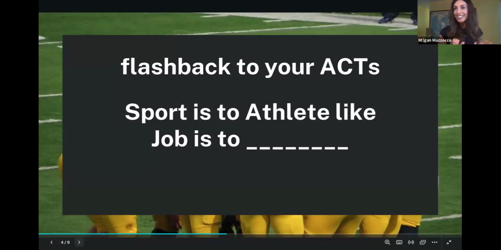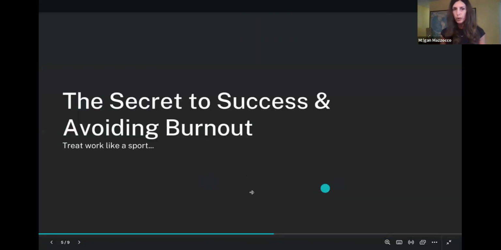So I did a little analogy here, and it flashed me back to the ACTs. Sport is to athlete like job is to worker. So you should be thinking about treating work like a sport.